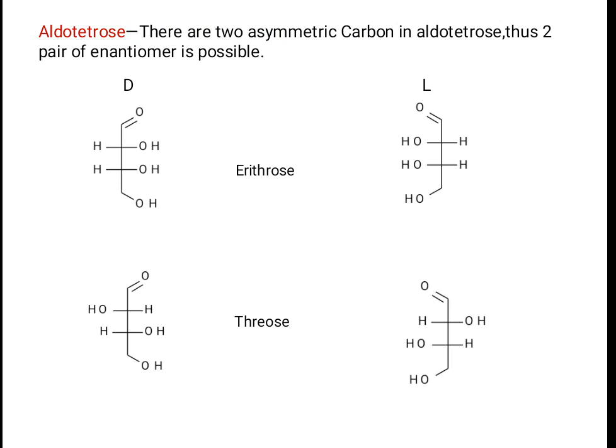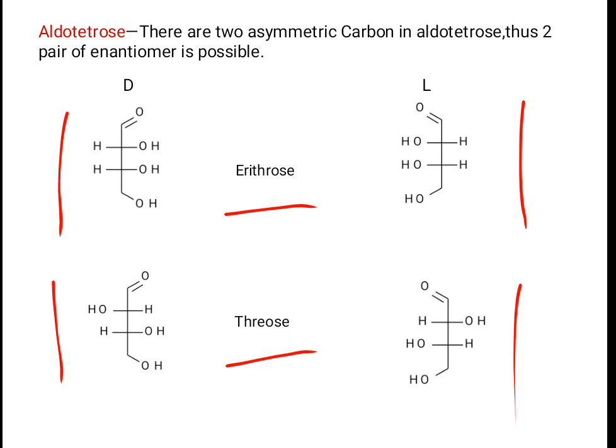Okay, now come to the aldotetrose. There are 2 asymmetric carbons in aldotetrose, thus 2 pairs of enantiomers are possible. These are the aldotetroses, erythrose and threose. This is the D form, this is also a D form, this is the L form, this is the L form.